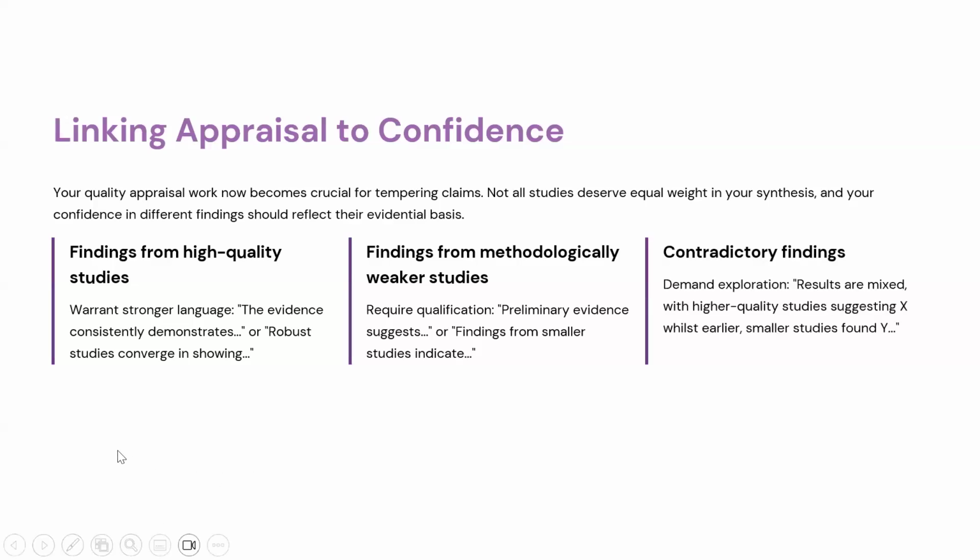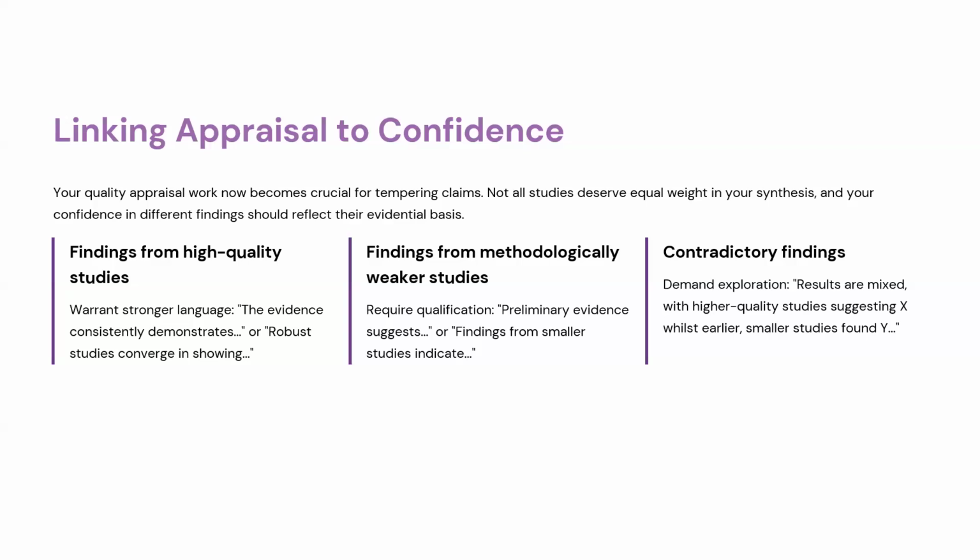And then finally, contradictory findings, which will always occur at some point or another. These demand exploration. So we may say something like, "results are mixed, with higher quality studies suggesting X, whilst earlier smaller studies have found Y."